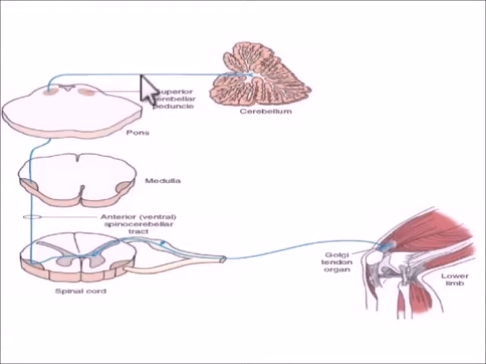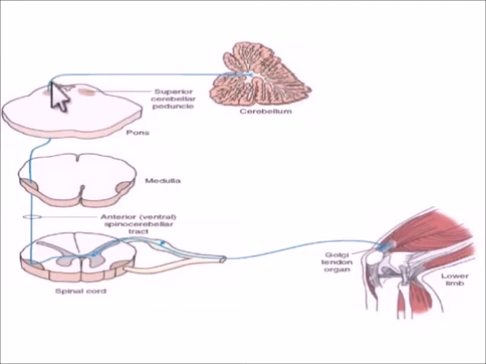It again crosses to reach the cerebellum of the same side, and therefore this tract is double crosser. It crosses first at the level of spinal cord, and then it crosses at the level of lower part of the midbrain.